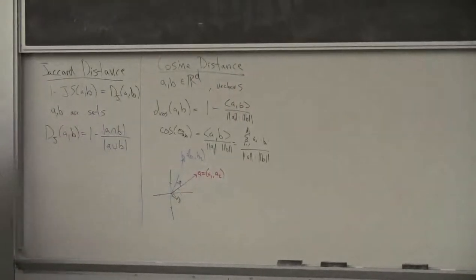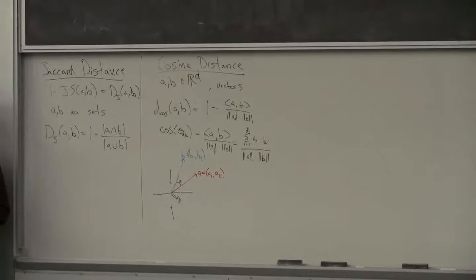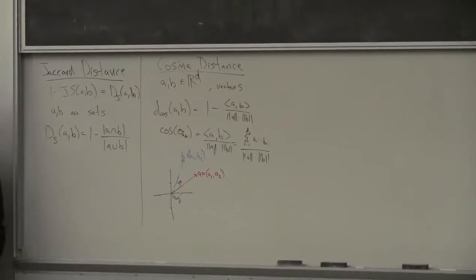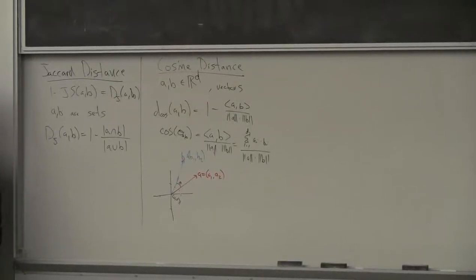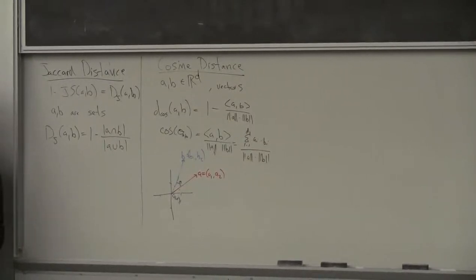Cosine can still be less than 0 for angles greater than 90 degrees. Cosine of anything plus pi is minus the cosine of that. Cosine is always at most 1, so 1 minus something that is at most 1 is always non-negative. So even if you take the bigger angle, it doesn't make a difference.